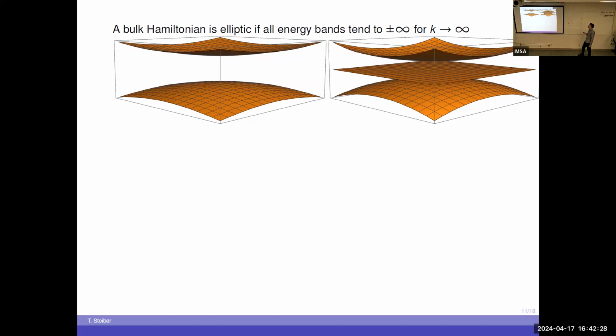This happens for the shallow water models, but also, for example, if you take a Hamiltonian formulation of the Maxwell equations. This is basically because for spin 1 particles you can get this zero energy bulk band. Okay, so something like that we want to exclude, so we want to focus on this elliptic case.